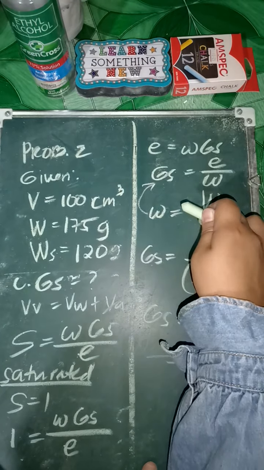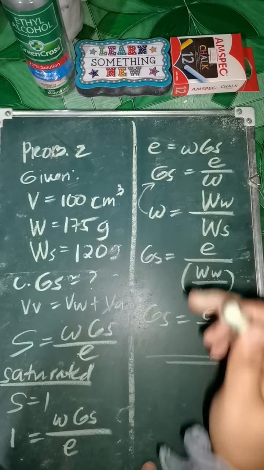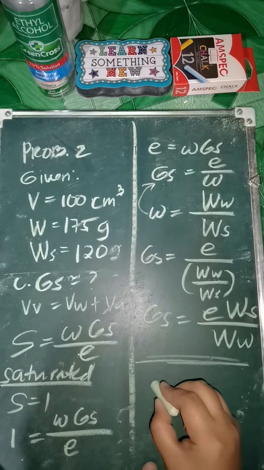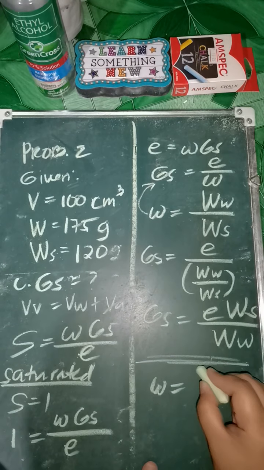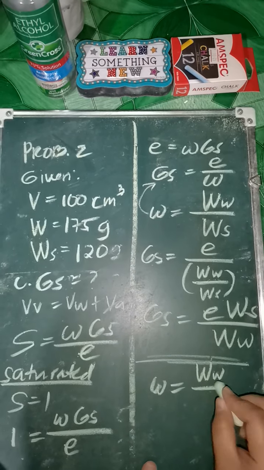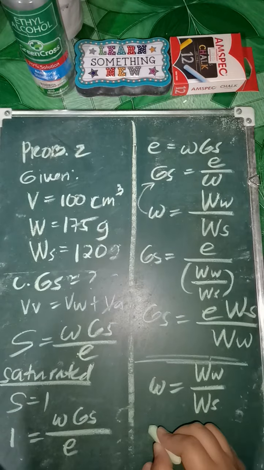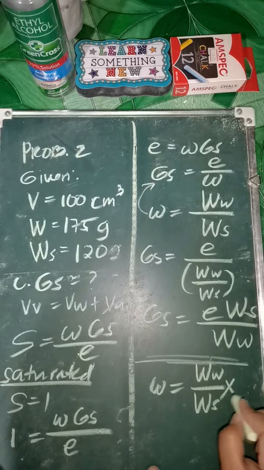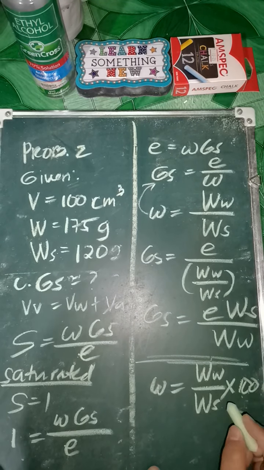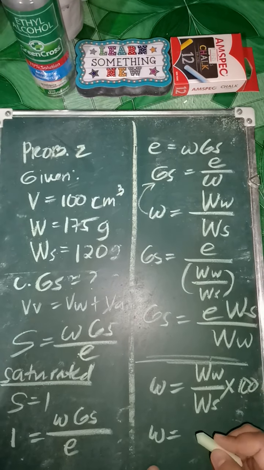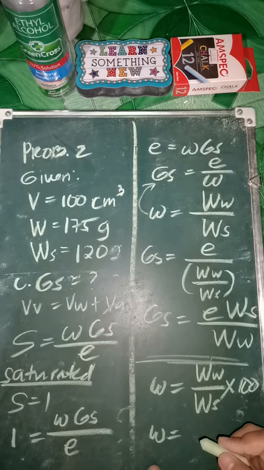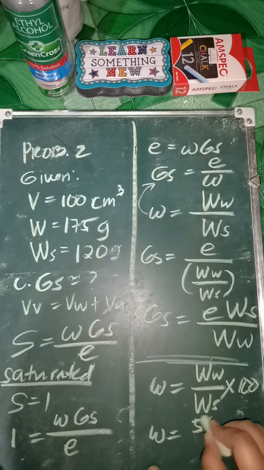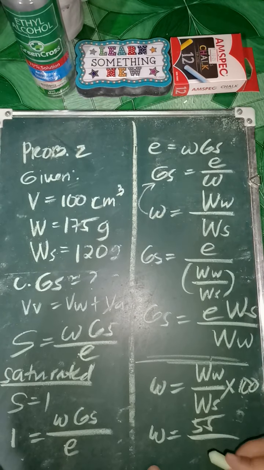So this is another equation. But we can solve directly like this one now. So we have the moisture content equals to the weight of the water over weight of the solid. If in terms of percent, you have to multiply this one with 100. So we have the weight of the water, that is 55 grams, all over the weight of the solids.